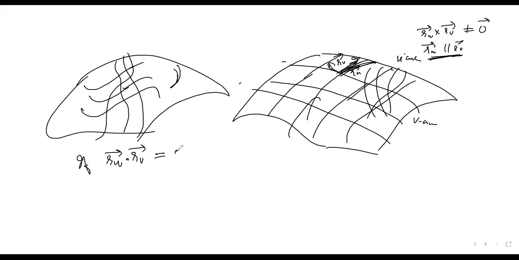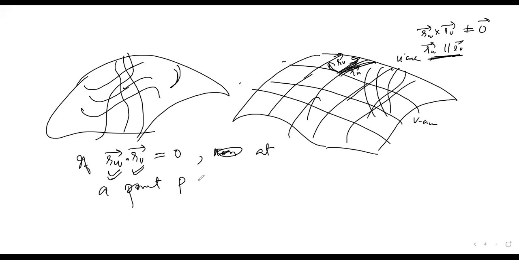ओके, furthermore, now if r_u dot r_v is equal to 0, अगर इनका डॉट प्रोडक्ट 0 है दोनों ही पार्शियल डेरिवेटिव्स का, then we say, देखो at a point P on the surface, इसका मतलब क्या है, ये दोनों वेक्टर्स आपस में ऑर्थोगोनल हैं.